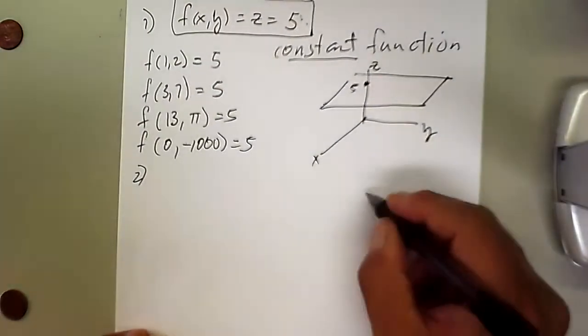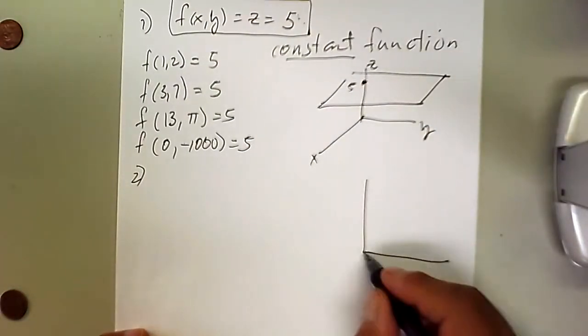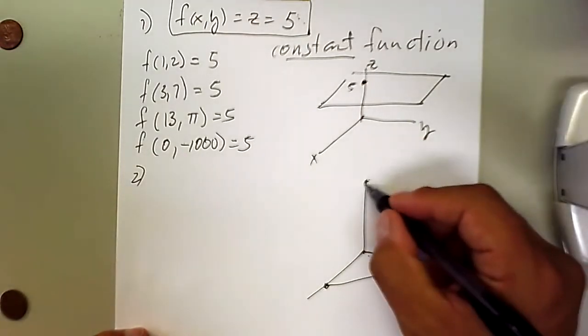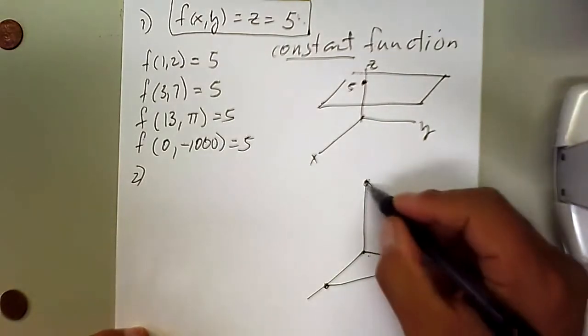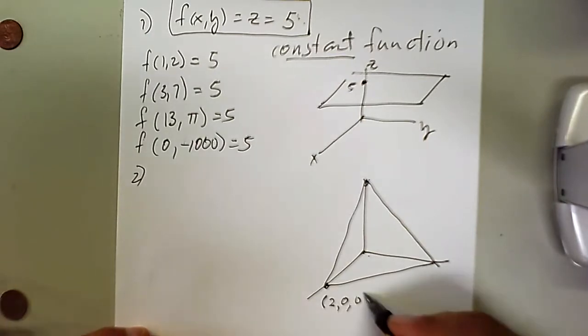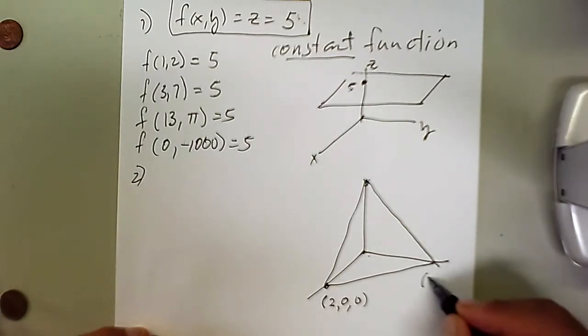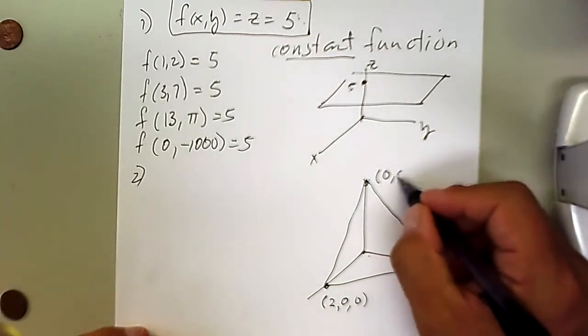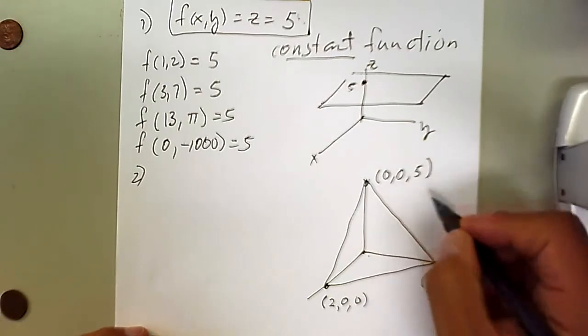Example 2. Let's say we have a plane that goes through this point, and that point. So pretend this is (2, 0, 0), (0, 3, 0), and (0, 0, 5).